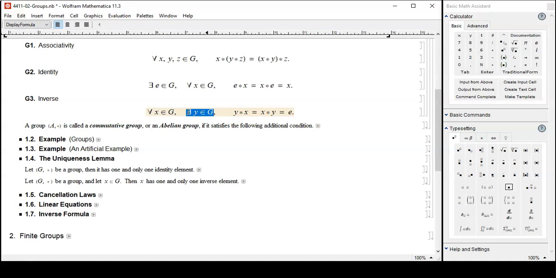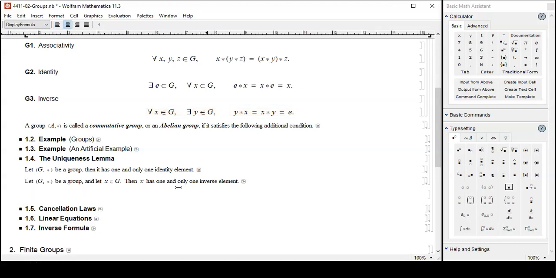And there exists a certain y. As before, we're going to use y1 and y2 and establish that they are the same. Okay, so we're going to do kind of like this, y1 and y2.